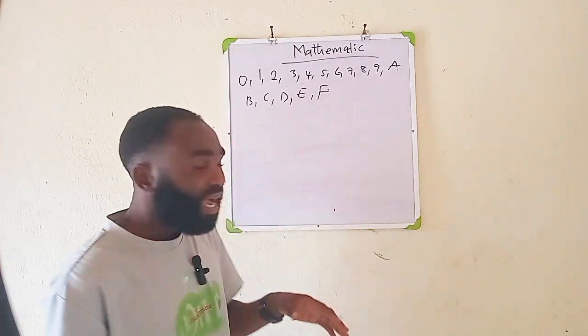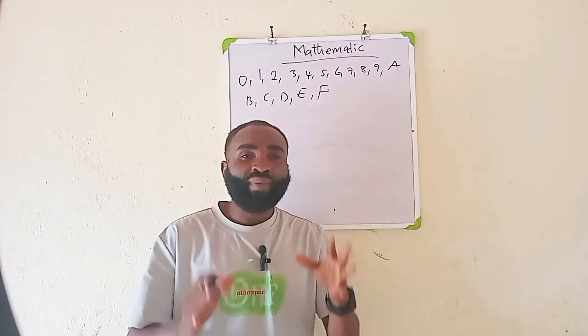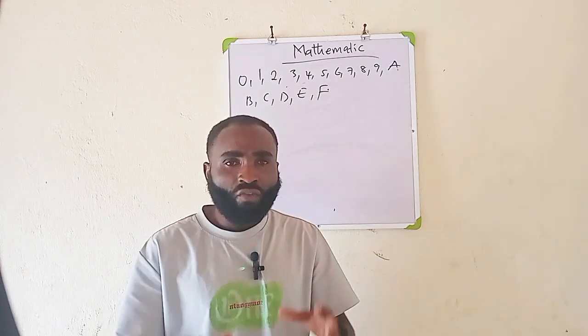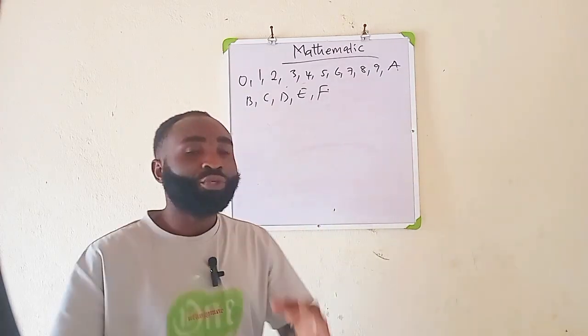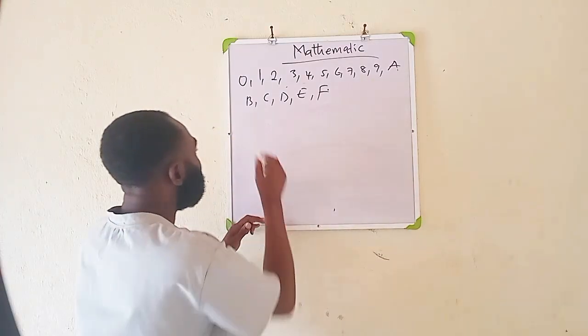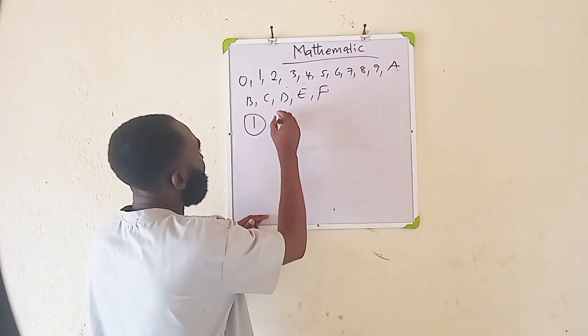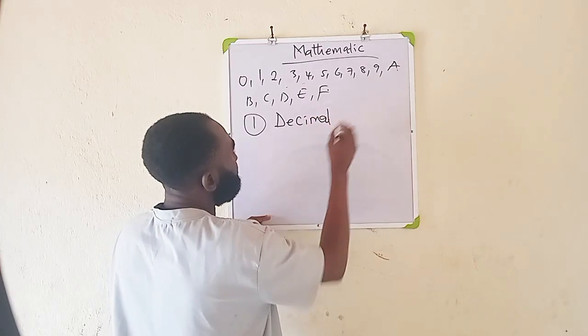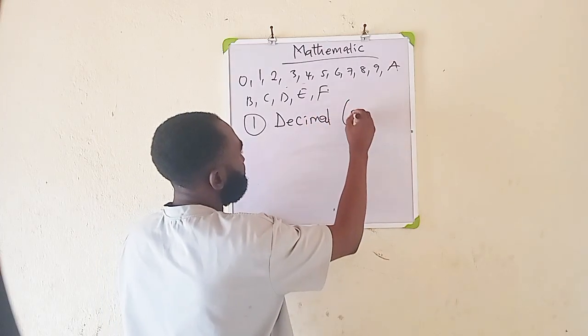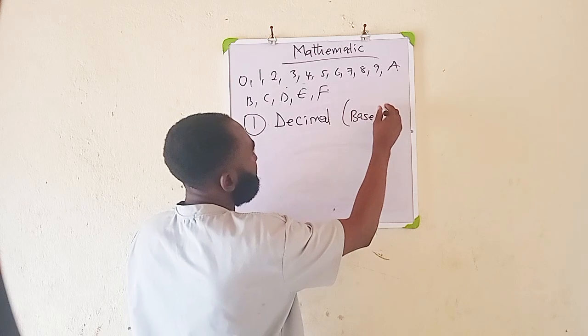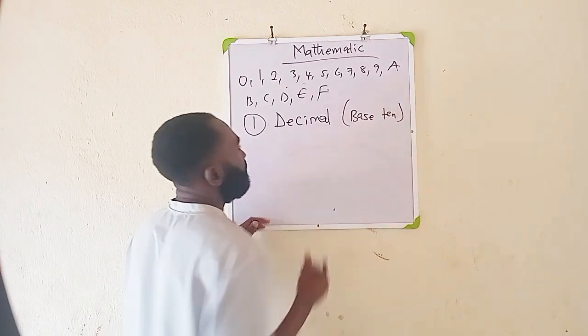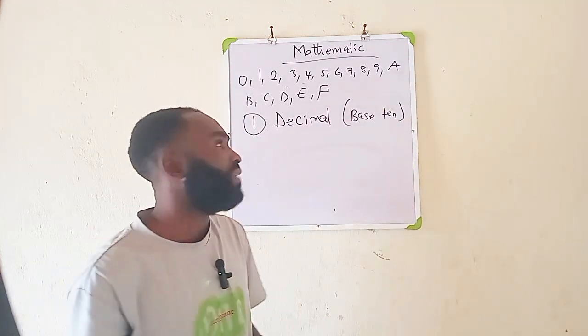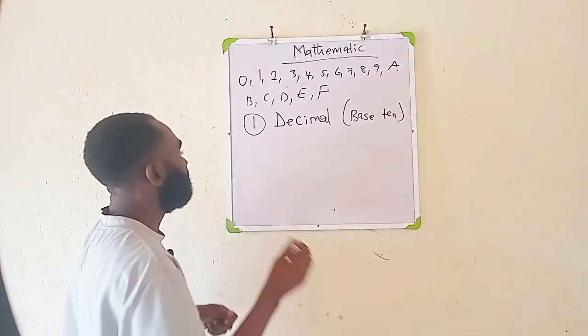So as I explained earlier, we have the 4 fundamental systems that we use in mathematics. First, we have the decimal, base 10, which is the usual, normal way of counting.